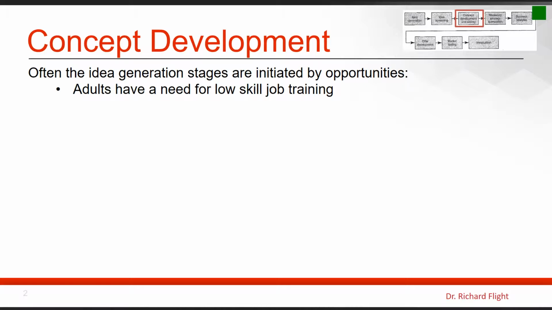So that's kind of a big deal that generates a lot of new products, is just seeing that there's an opportunity. The problem is we have to take the opportunity and transfer that into a new product idea, one that's viable, one that we want to consider for further development.